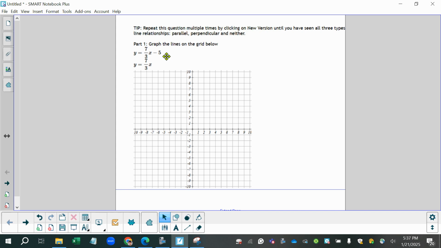So let's start with the top line. Just so we are all on the same page, I know this is something you've probably learned before if you're in this class, but what is slope-intercept form? Let's make sure we all know what that is.